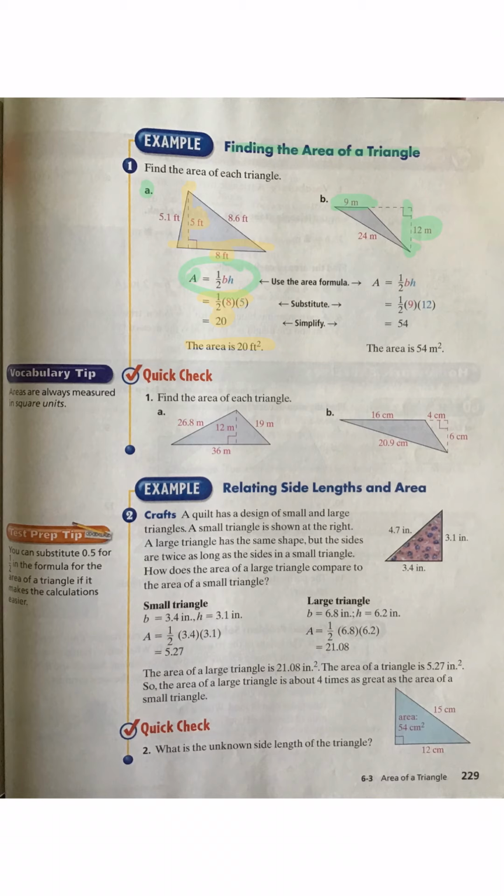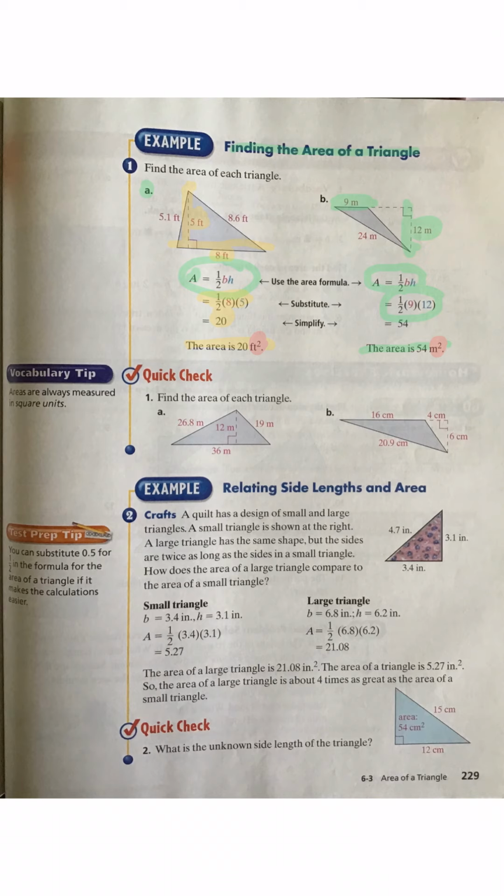So our formula is going to be area equals half the base times the height. We plug that in. Half of 9 times 12. 9 times 12 is 108. Divide it by 2, we get 54. The area is 54 meters squared. Remember, the area, we always do whatever the measurement is squared.